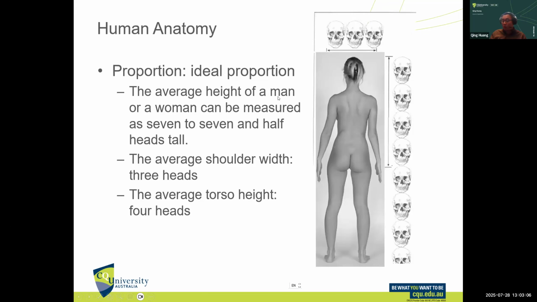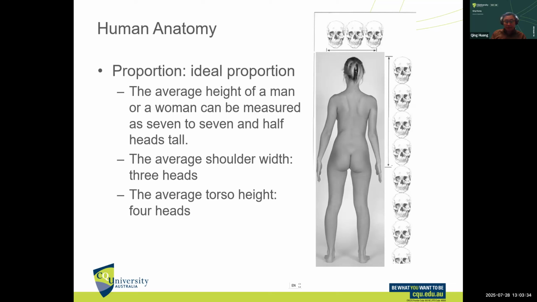And of course, proportion, we mentioned that in last week's lecture as well, starting with good overall proportion. The ideal human proportion is 7.5 or 7 heads in terms of head measurement, three heads wide. And that's the average man or woman's proportion.